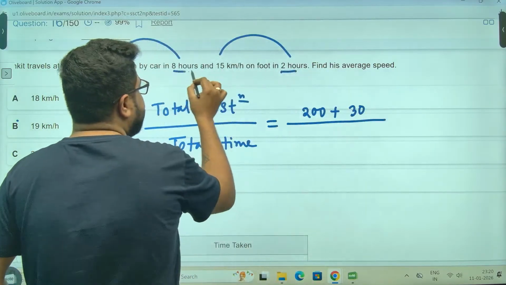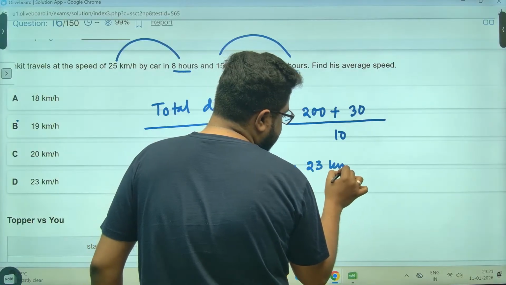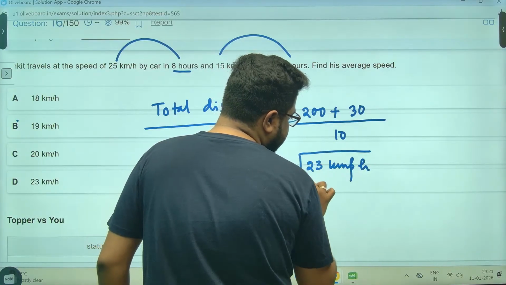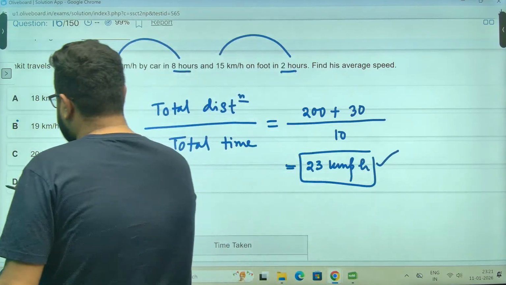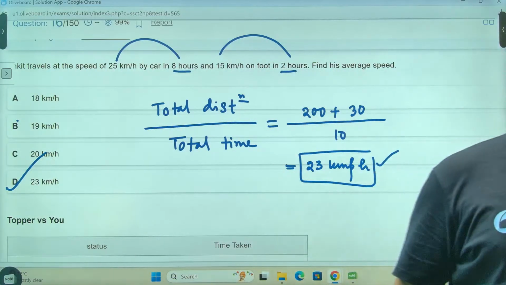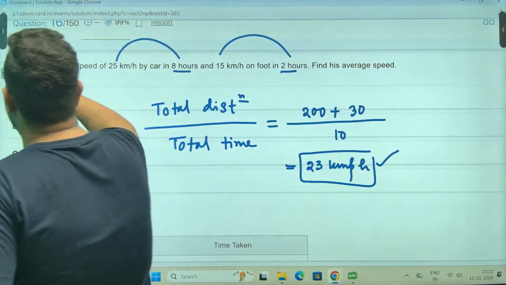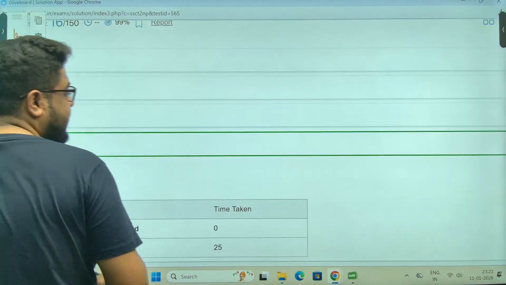Time is 2 hours, 8 hours, meaning 10 hours. So 23 kilometer per hour. That is your average speed. That's your answer. Option number D, sir. Again, you don't need to do anything very significant.